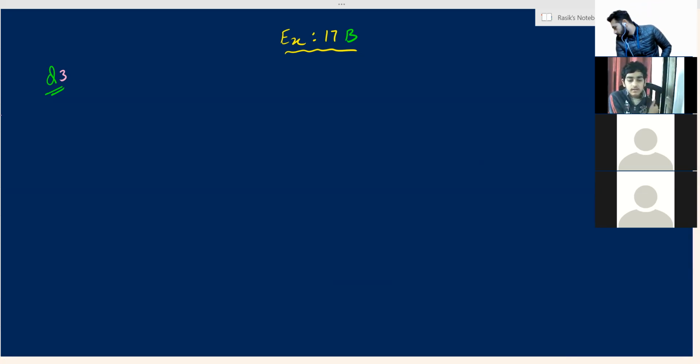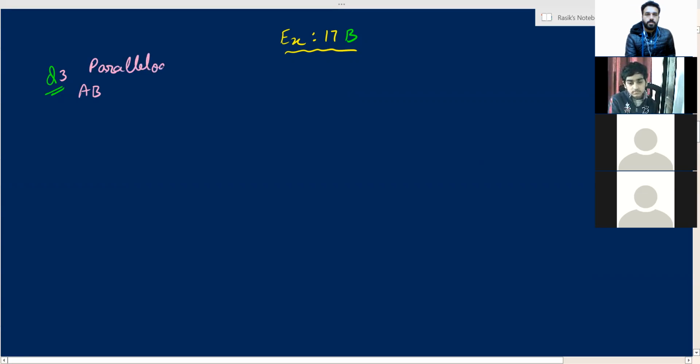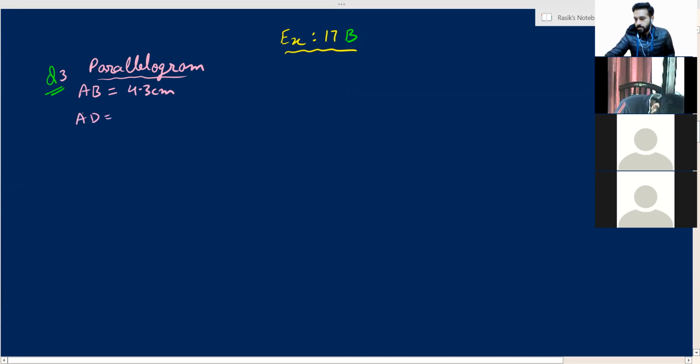Here, the length AB and the length AD are given of the parallelogram. We have to construct a again. Please mention the name of the shape. Parallelogram. Okay. So side AB of the parallelogram is 4.3 centimeters. Side AD of the parallelogram.